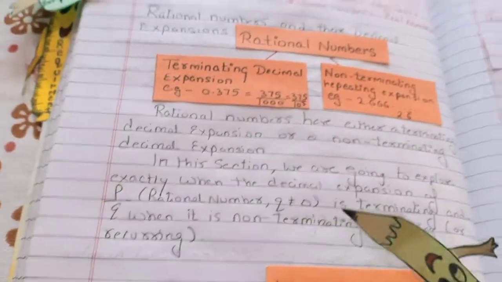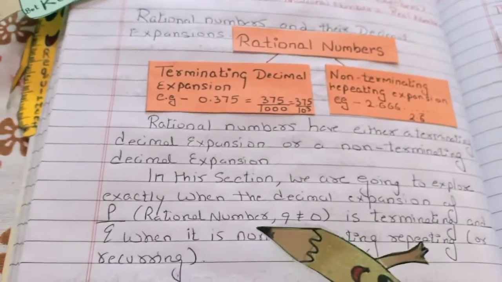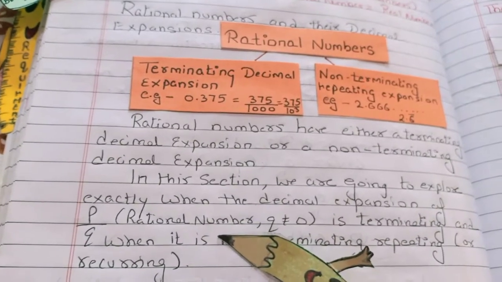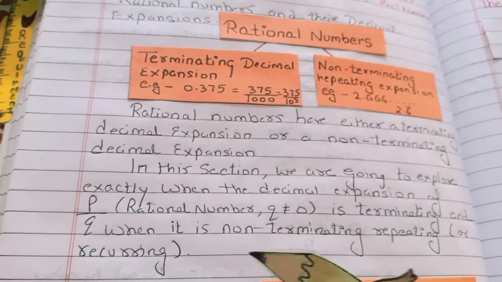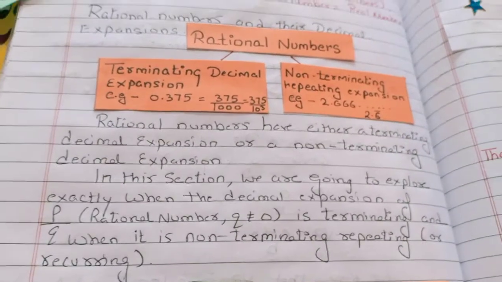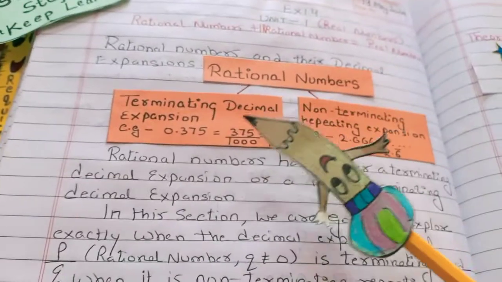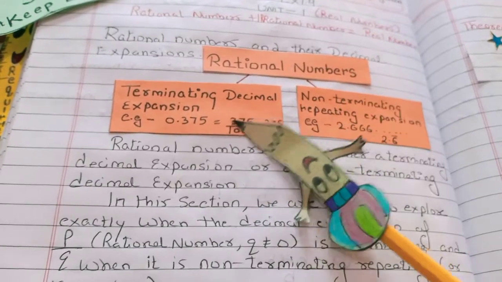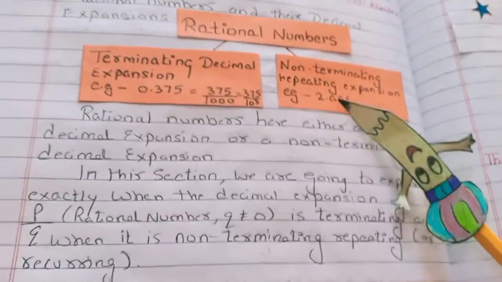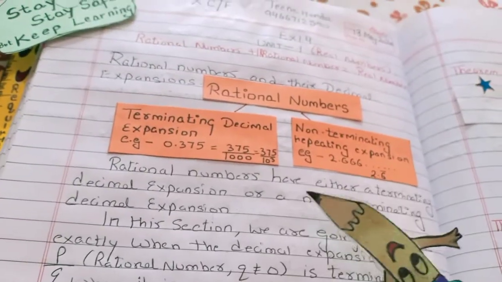In this session, we are going to explore exactly when the decimal expansion of a rational number is terminating or when it is non-terminating, repeating, recurring. Two cases are there: one is terminating and the second is non-terminating repeating expansion. Our exercise is dealing with these two concepts.